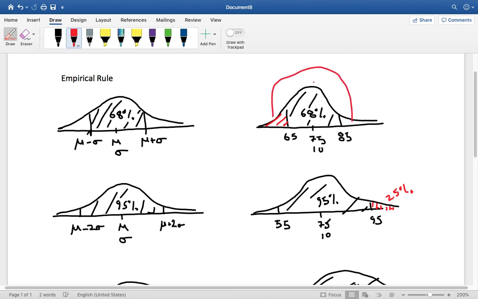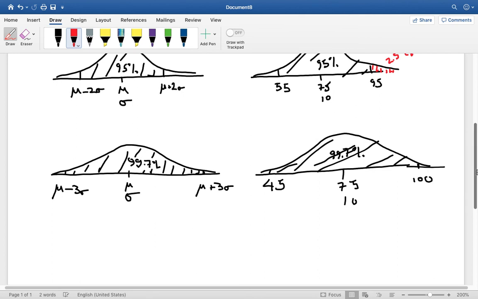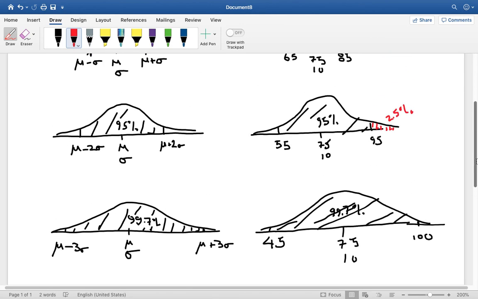Between these two sides would be 32% jointly, which means there's going to be 16% approximately here. We'll be covering the normal distribution as we move on into the next chapter. Not the next video, but the next chapter.